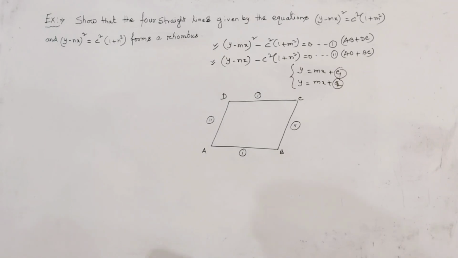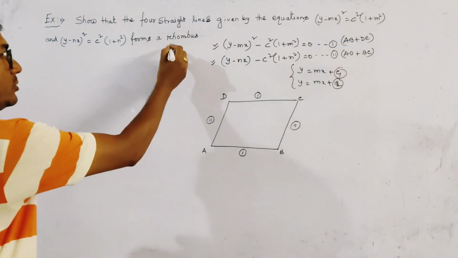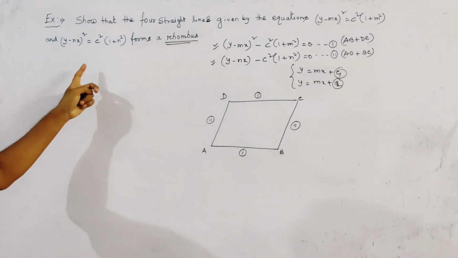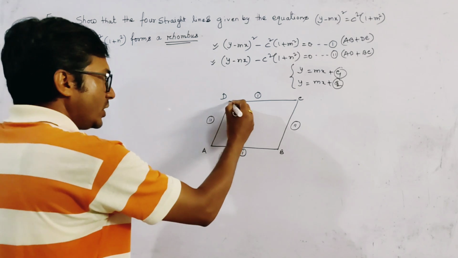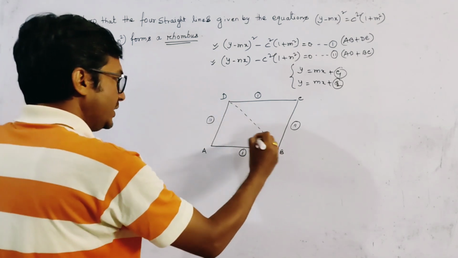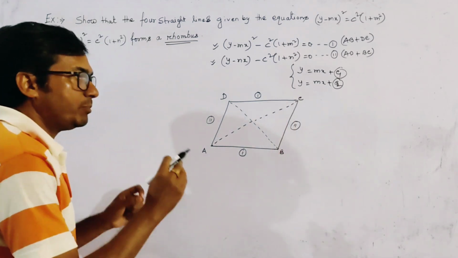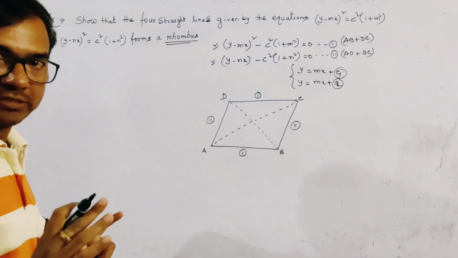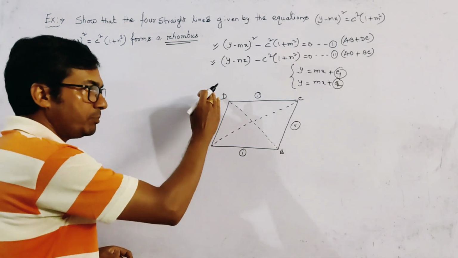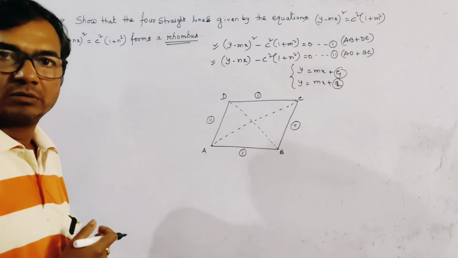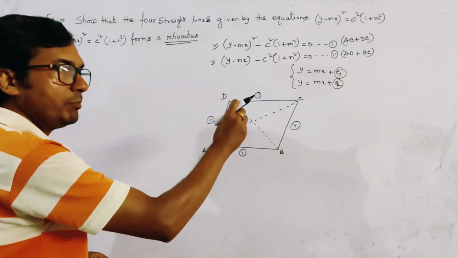Now to show this parallelogram becomes a rhombus, we have to show that the diagonals BD and AC perpendicularly bisect each other. We already know that for any parallelogram the diagonals bisect each other, so we only have to show the diagonals are perpendicular.